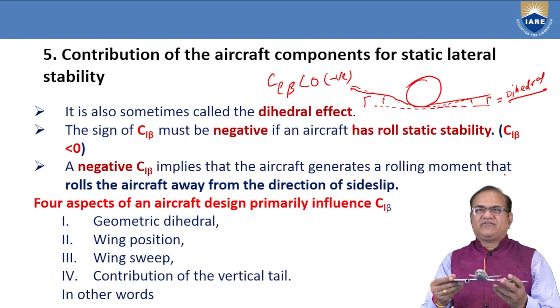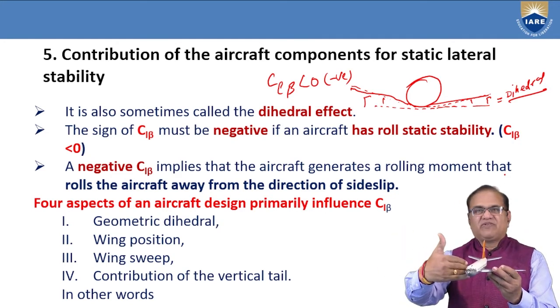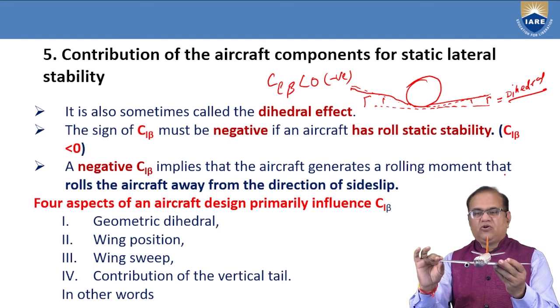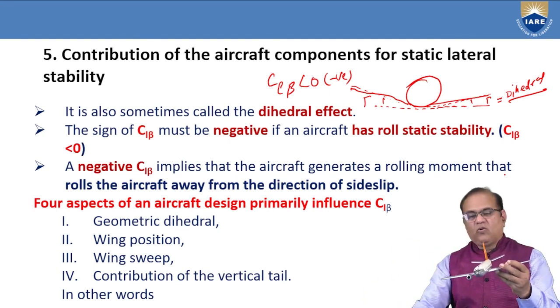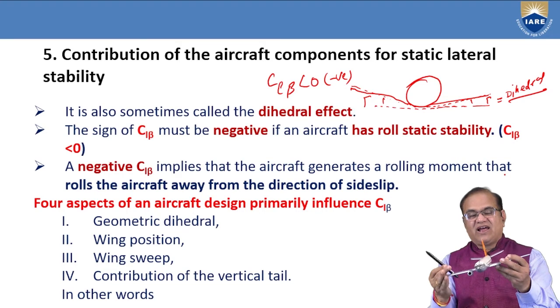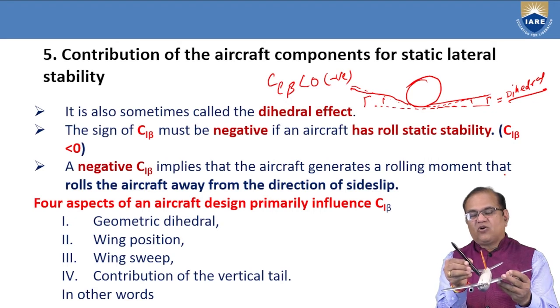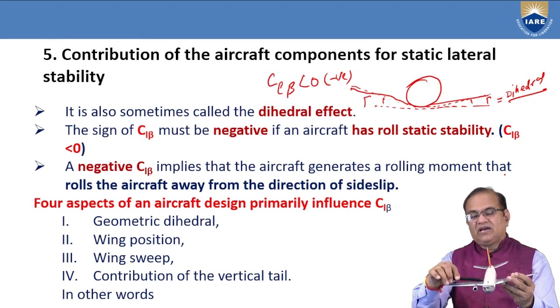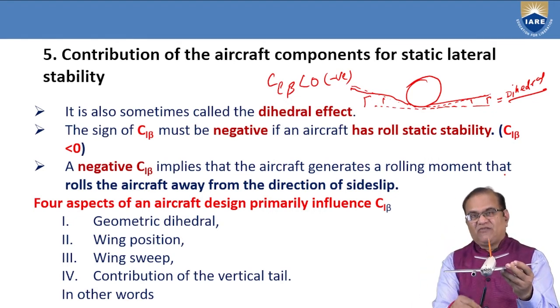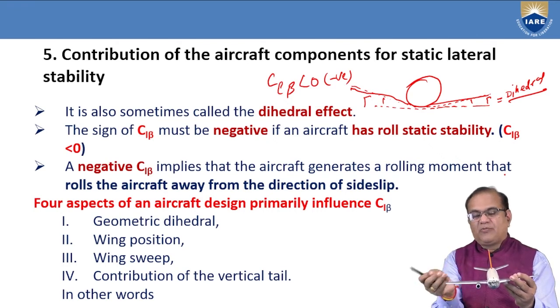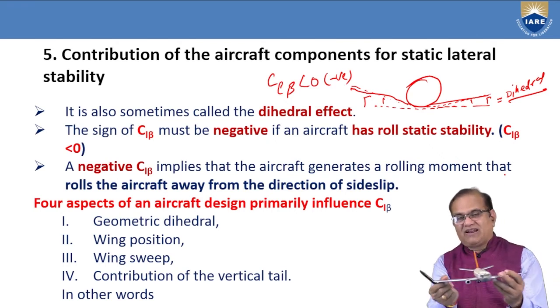If this is the aircraft, beta is coming from this direction, and if you roll the aircraft, then this lift component will not be vertical, but it will tilt towards the rolling. There is a vertical component which balances the weight, and there is a horizontal component which will try to drift the aircraft in this direction.